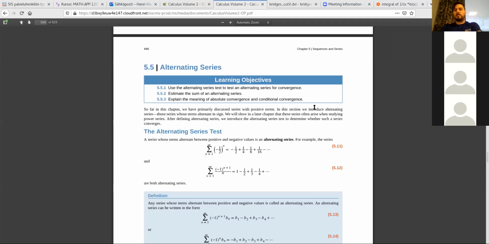We'll see examples of this where we have to take higher and higher order derivatives, and when you have these sine or cosine functions, you end up with a series of alternating series. So an alternating series is one where the sign of the terms switches between positive and negative.